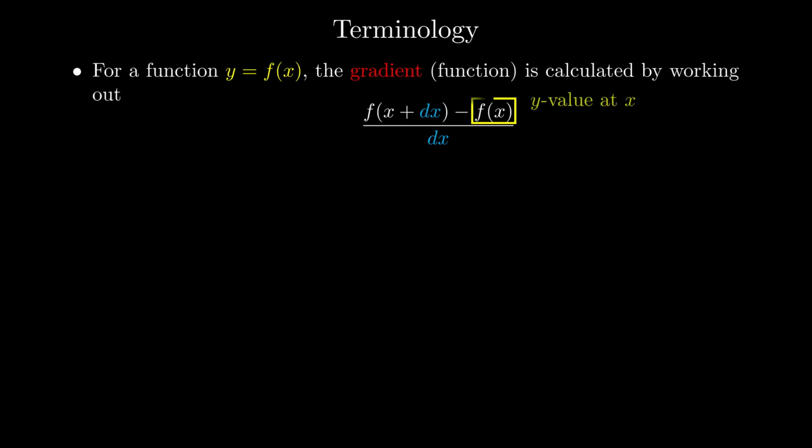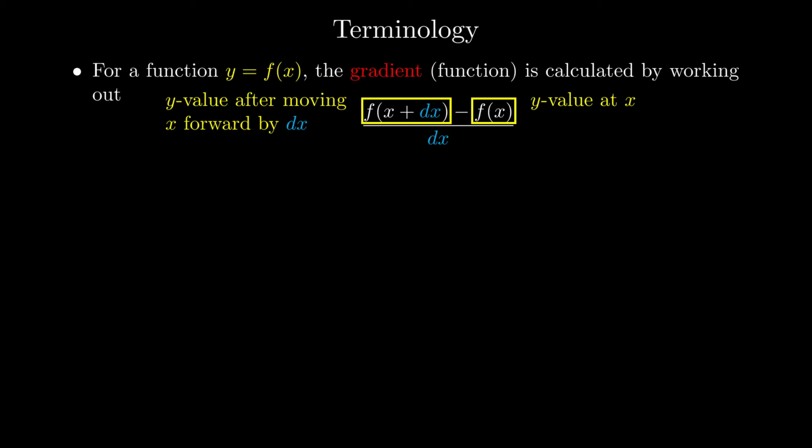The yellow boxed thing, that's just f of x, which means what's the y value at a certain x value. The f of x plus dx bit means what's the y value at x plus dx, which means what's the y value after moving x forward by some length dx. Okay?